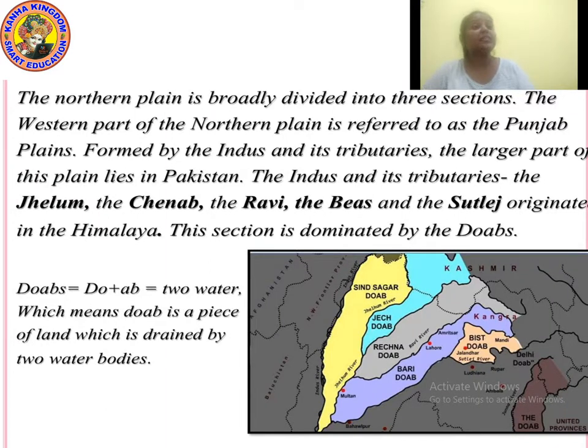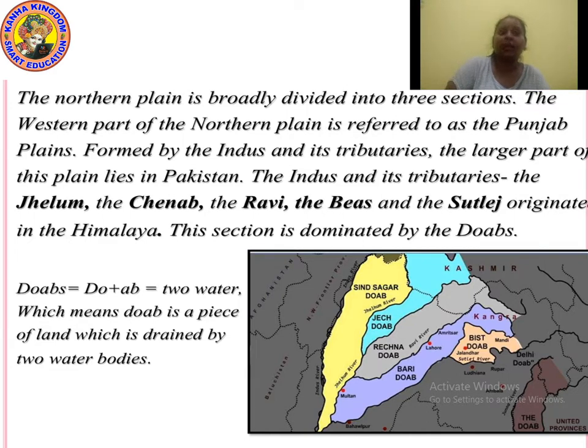Now, the northern plains are broadly divided into three sections. The western part of the northern plain is referred to as the Punjab plains, formed by the river Indus and its tributaries. The larger part of the plain lies in Pakistan. The Indus River and its tributaries mostly lie in the region of Pakistan.